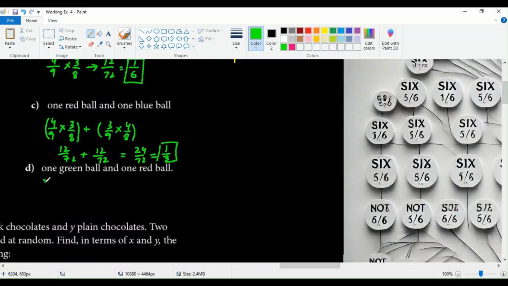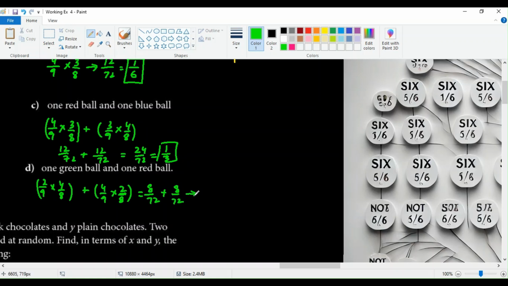Moving on to 1 green ball and 1 red ball. So it's going to be 2 over 9 multiplied by 4 over 8. This is for 1 green ball. Then comes adding this to 4 over 9 multiplied by 2 over 8. So finally it's going to give us 8 over 72 added to 8 over 72.